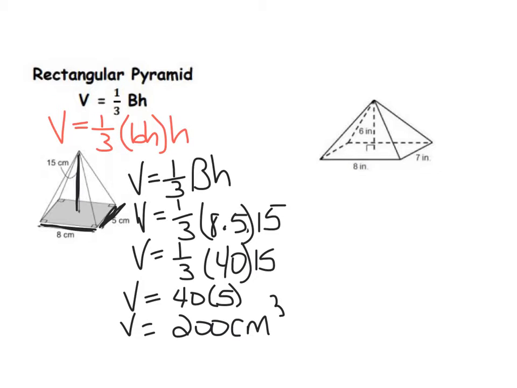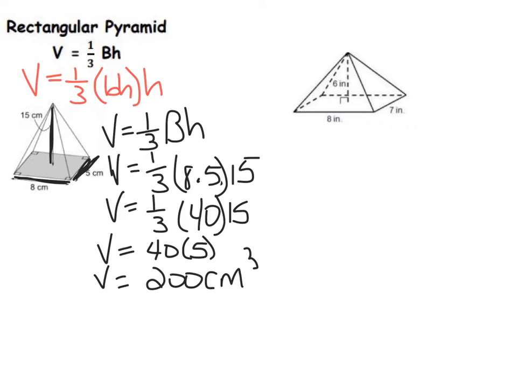Okay, so the next one, if you notice, is on the bottom of your paper. Again, we're still using the same formula, but now we have a base that's a triangle, so make sure you're shading that in. The first one was shaded in for you, but shading it in helps you to find out what dimensions you need. So let's do the same thing.